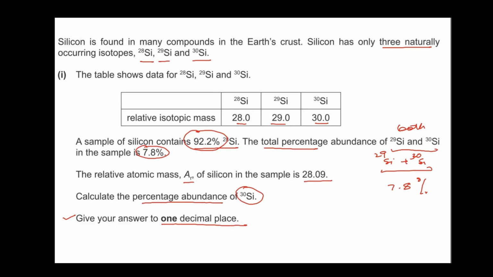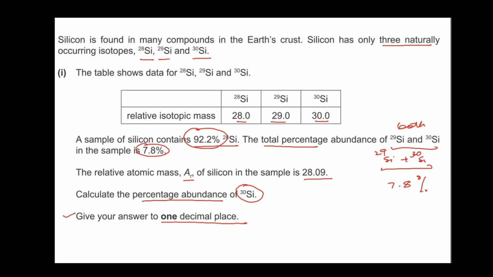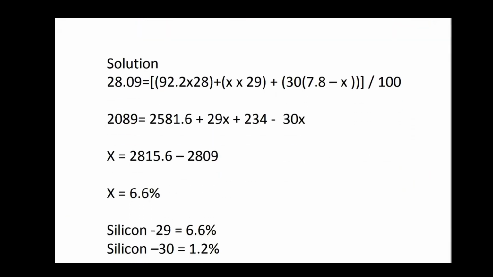Now let's see the answer to this question. It's already been solved on the next slide. Now the solution is something like this. They have already mentioned the Ar for silicon, which has been taken from the periodic table, and it's already there in the question. It's 28.09. This data is also given to us, that 92.2% of silicon-28 exists, right?